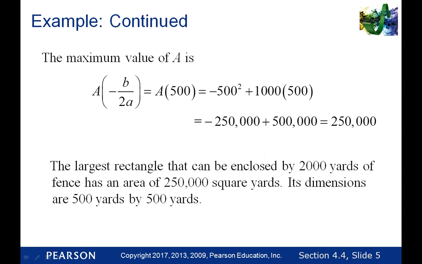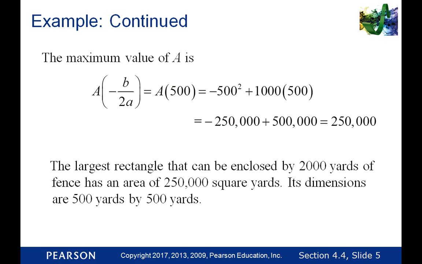The maximum area that we could enclose is found by plugging that into the area formula we made up, negative x squared plus 1,000 times x. There we get 250,000 square yards, excuse me, it's yards for this problem. Then the dimensions are going to be 500 by 500.